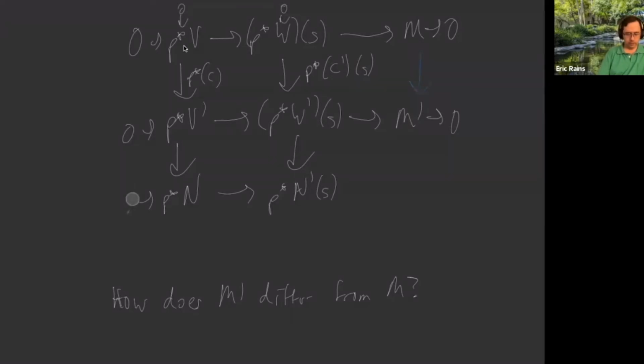Now, I should have been careful there. So what we have is whatever this is mapping in by the snake lemma. And then we get the co-kernel of this blue map on the other side.